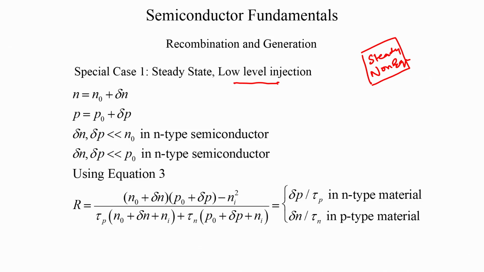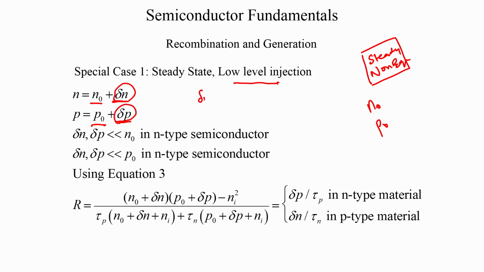So, what does low level injection mean? It means that the excess carriers added. So, let us say NO and PO are the equilibrium values of the electrons and holes, and in non-equilibrium we have added a small number of electrons and a small number of holes, delta N and delta P. And the key to low level injection is that these values are really small. So, what do you mean by small?